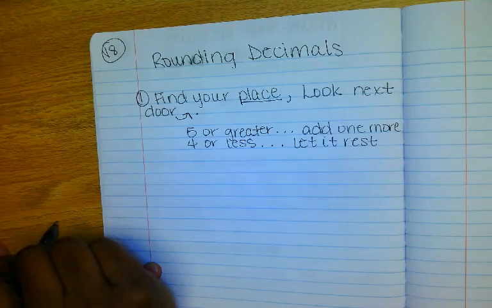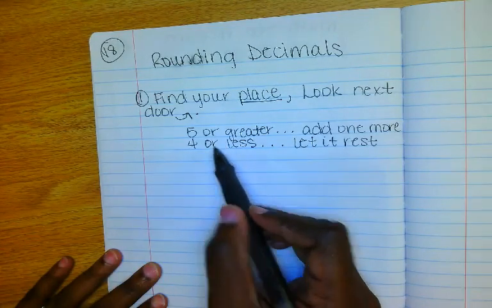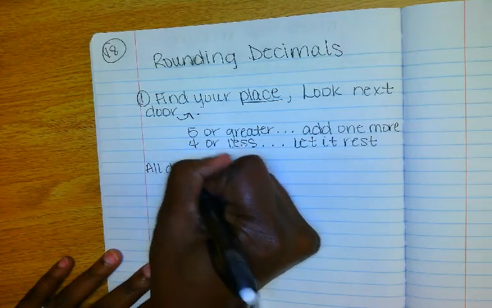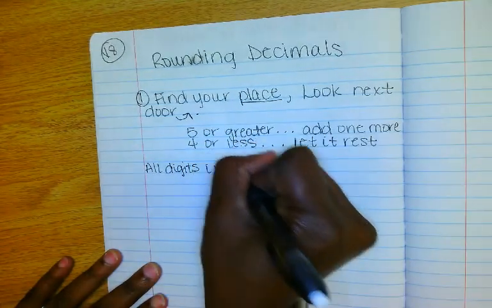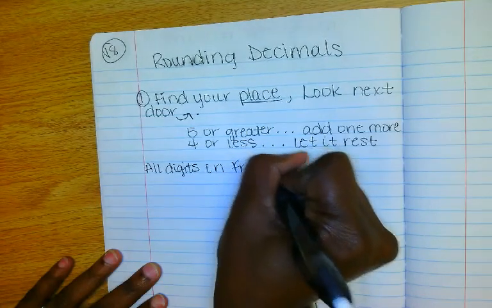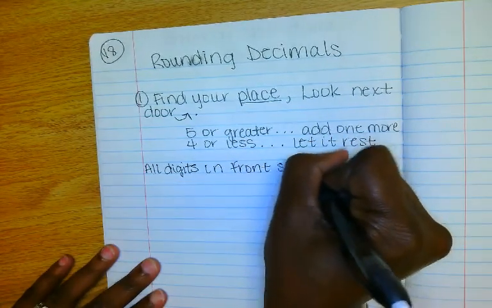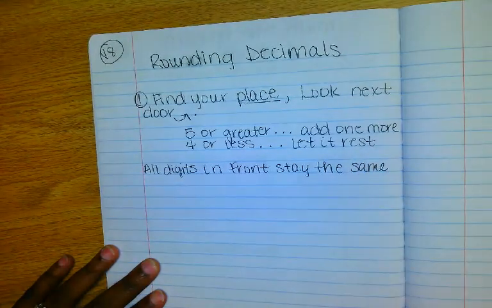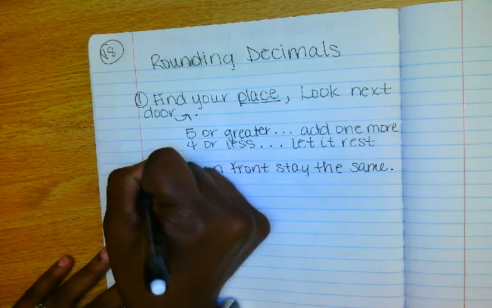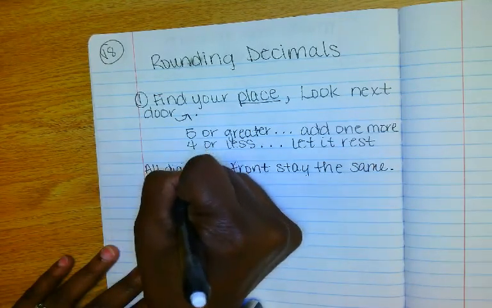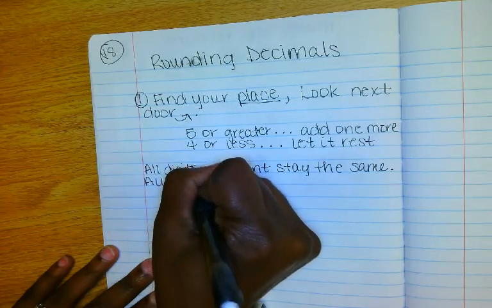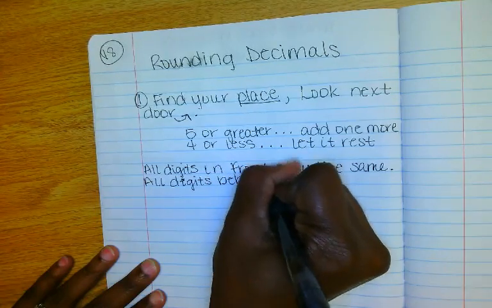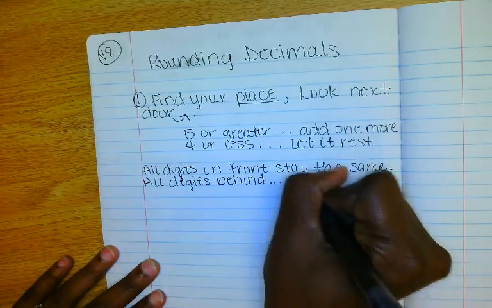Now once we decide if we're on 5 or greater or 4 or less, all digits in front stay the same. And all digits behind, zero's their name.